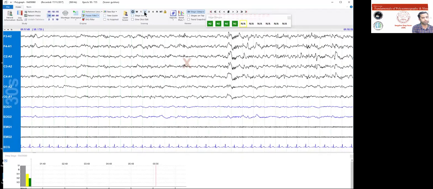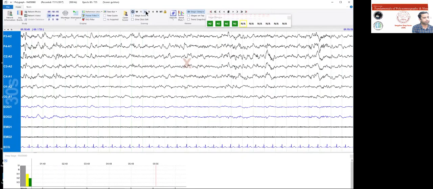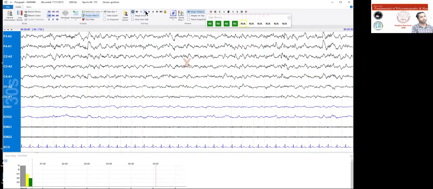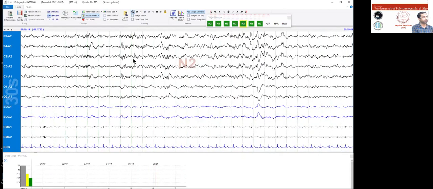I am going fast here because we will show you the N3 epochs now coming. Now slow wave activity is there. Go back also.